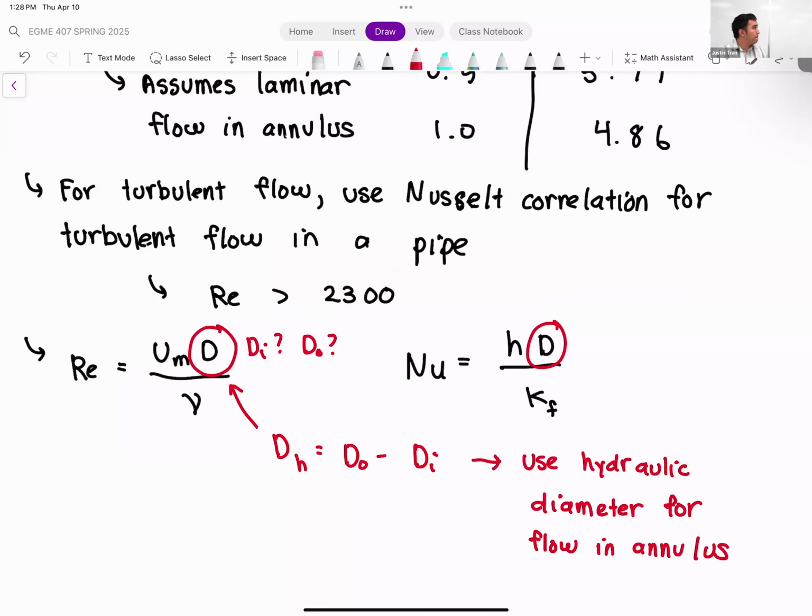If you think about it, it makes sense because that's the region where the fluid is going to be.